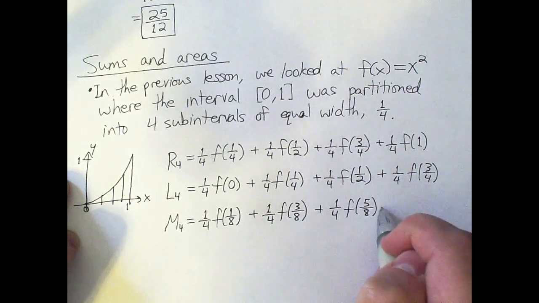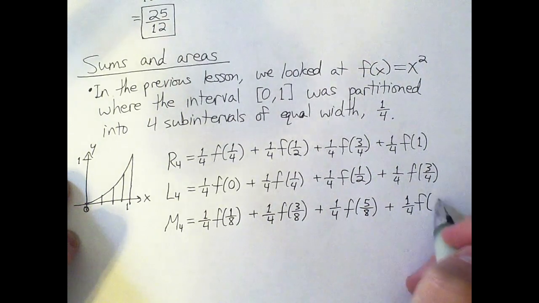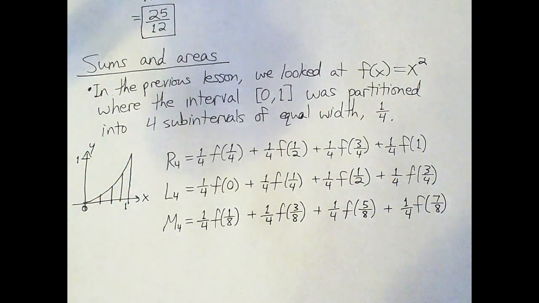You see how all of these methods of chopping up those 4 subintervals into rectangles, the math that we're doing here is almost the same. It's just we're putting different things into f.